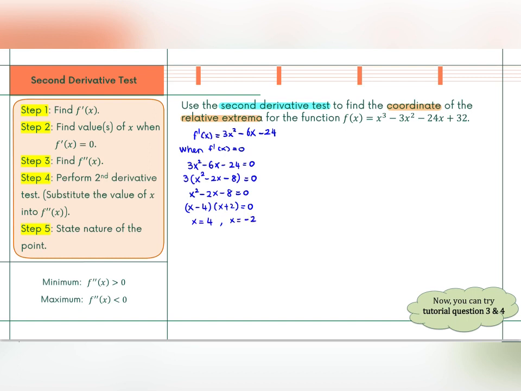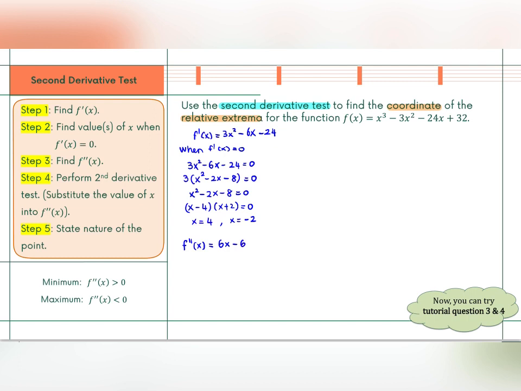Okay, seterusnya cari second derivative. So, f double prime x is equals to, differentiate semula 3x squared minus 6x minus 24, and we have 6x minus 6.